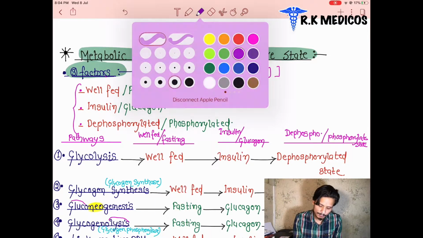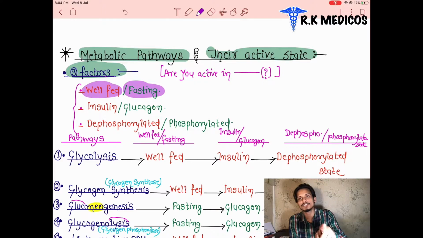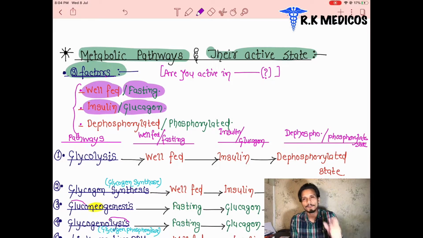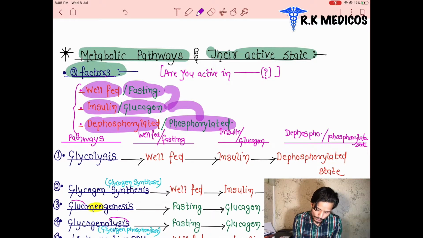Suppose any patient is in well fed state or fasting state. Well fed state, insulin; fasting state, glucagon. Well fed state, insulin, phosphorylation or dephosphorylation? It does dephosphorylation. In fasting state it is done by glucagon, and glucagon does phosphorylation.